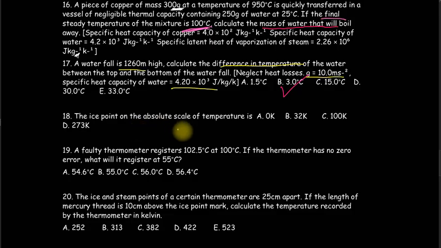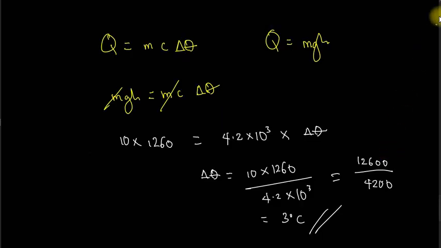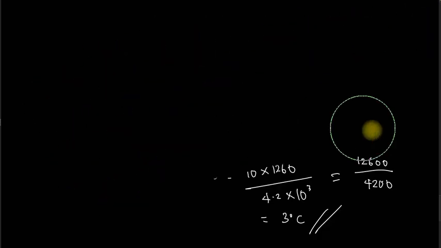18, the ice point on absolute scale. So this is temperature conversion. I want to do something for temperature conversion. When we are dealing with temperature conversion, there is something we call upper fixed limit.